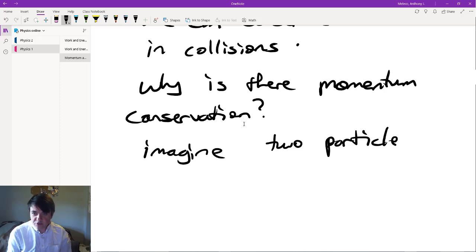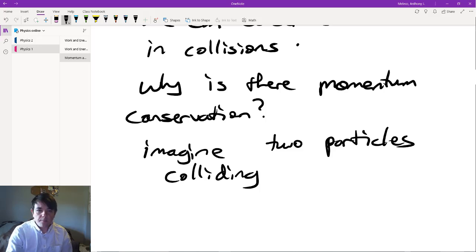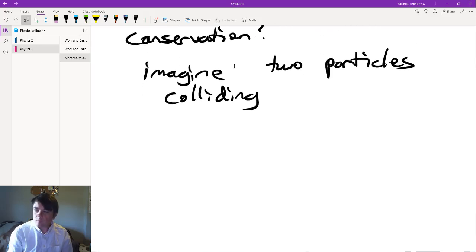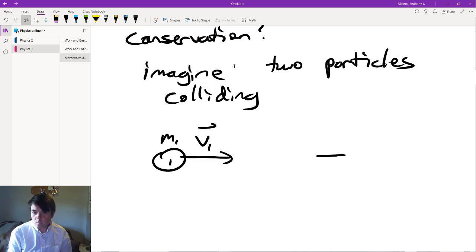So here you want to imagine two particles colliding. This is very generic. You can think of these as two protons or even two balls or whatever. It doesn't really matter. So we'll say there's ball 1, it has mass 1, and it has a velocity. We've got ball number 2 with the second mass, and it's also got a velocity.